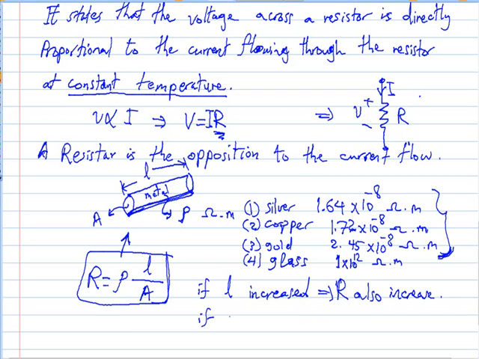And if the cross-sectional area is increased, its resistance will decrease. And this is a constant, it will not affect much.